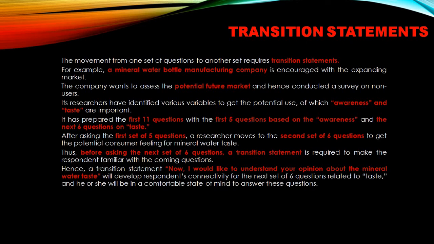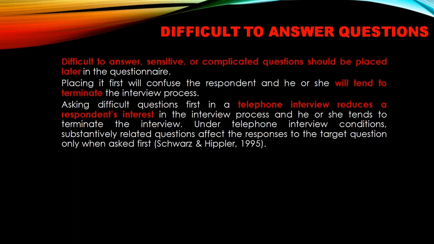So, to put it in summary, when your questionnaire is split into 2 parts, like one is the awareness levels, the second is about the preferences of the taste, then whenever the questions are shifting from awareness to taste, the respondent should be informed about the transition. This makes the respondent mentally prepared for the questions that ensue.